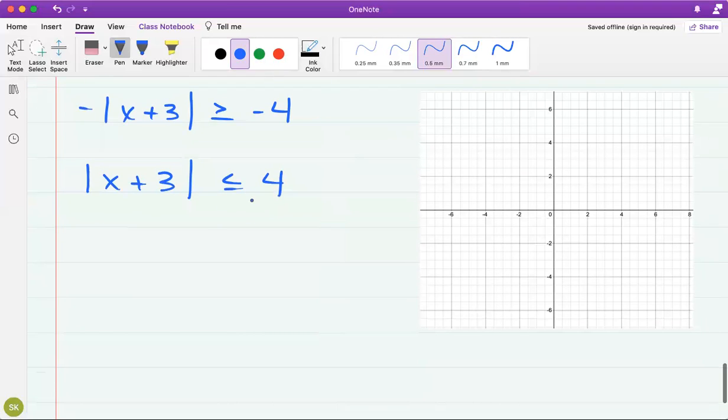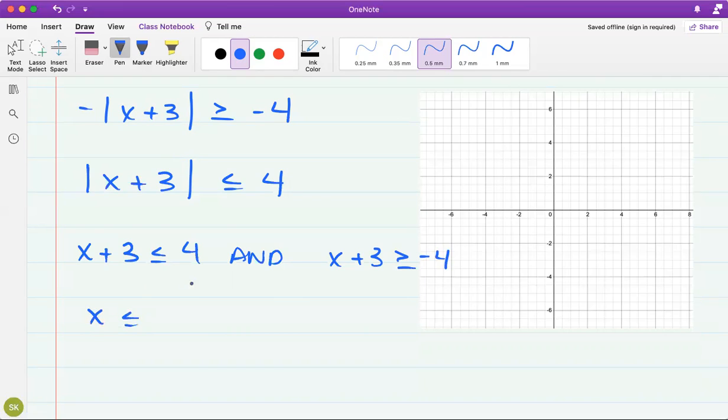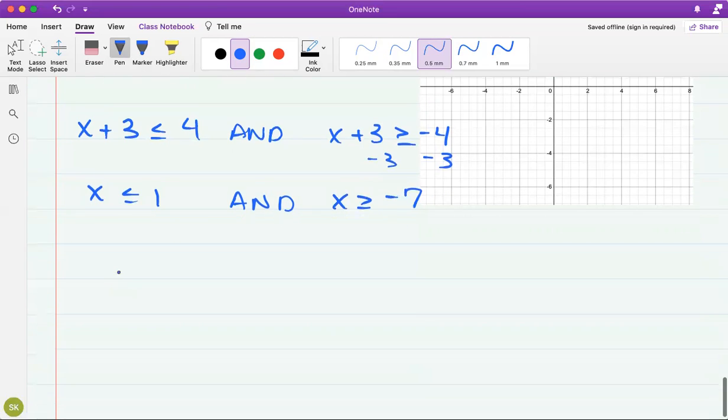Now we have a less than sign, so we have x plus 3 is less than or equal to 4, and x plus 3 is greater than or equal to negative 4. Solve for x, subtract 3, subtract 3. Let's draw our number line. Put the smaller number over here, the bigger number here.